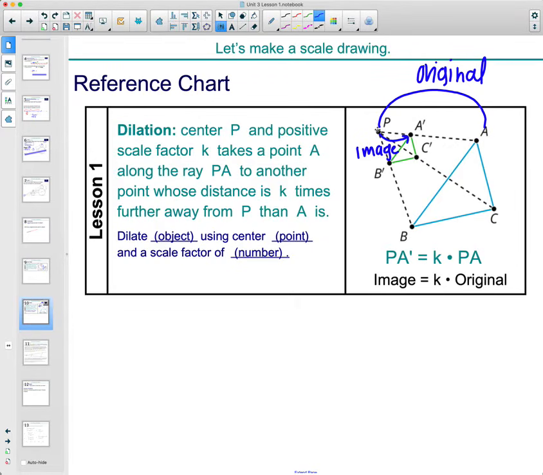So your image is equal to scale factor times the original. And in order to name a dilation, you say the object, using what point as the center, and you have a scale factor. So dilate A using center P and a scale factor of 2/3 or something like that.